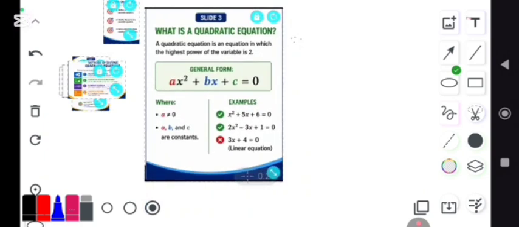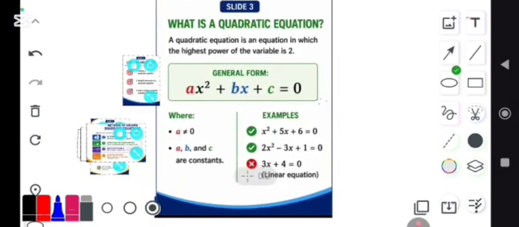What is a quadratic equation? A quadratic equation is an equation in which the highest power of the variable is 2. The variable here means the unknown.